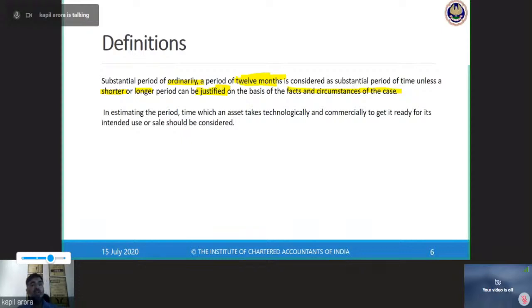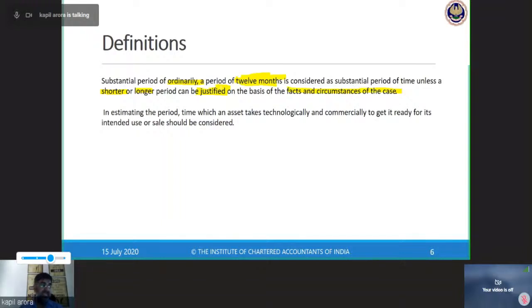So they want to justify that the shorter period, 11 months, can also be considered, just in case I can justify that. In some cases, companies may say 8 months can also be justified. In some cases, 15 months may not be justified. So it all depends on how management is looking at the finance cost. That would decide what justification they are taking for the period here.